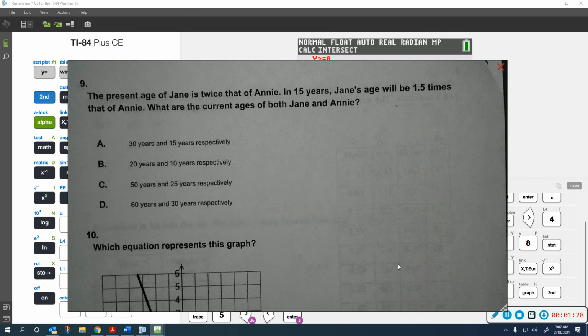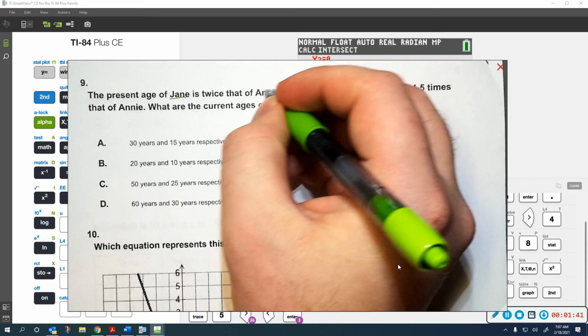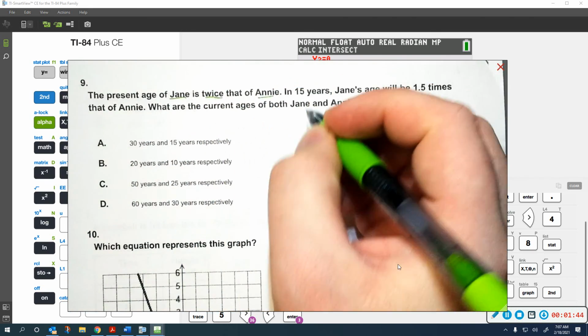The present age, Jane is twice that of Annie. In 15 years, Jane will be 1.5 times that of Annie. What are the current ages of both Jane and Annie? So Jane is 2 times Annie.